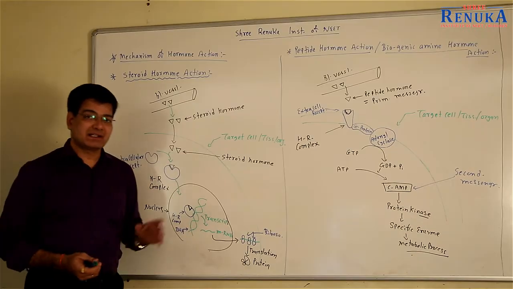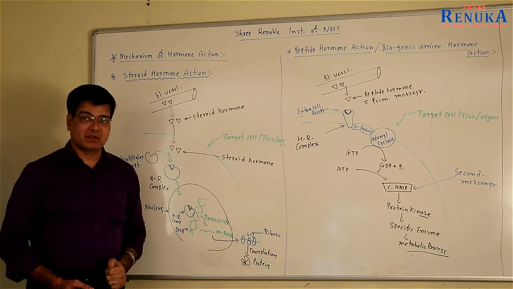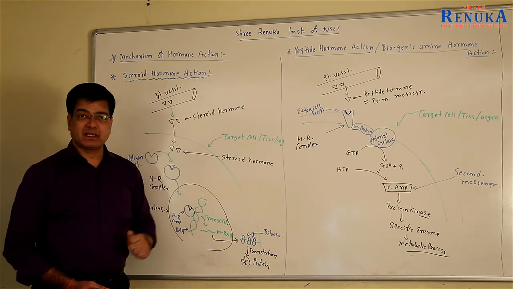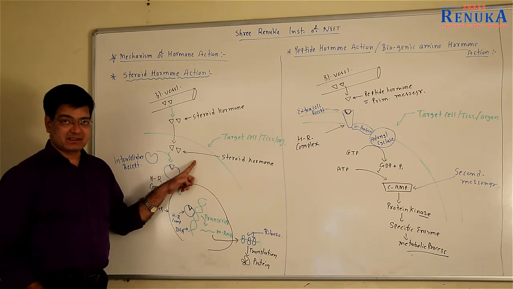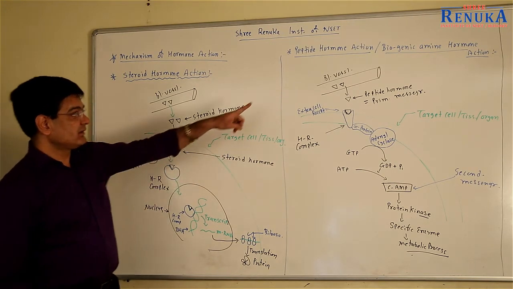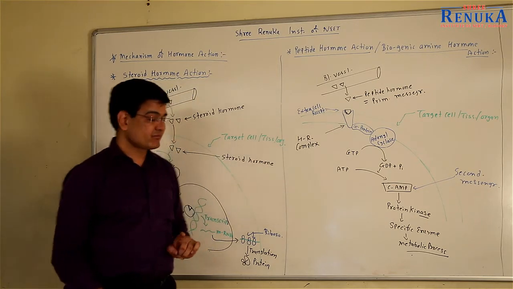Now, let's compare the action of steroid hormone and the peptide or the biogenic amine hormone action. Steroid hormone always enters into the target cell, whereas peptide hormone never enters into the target cell.